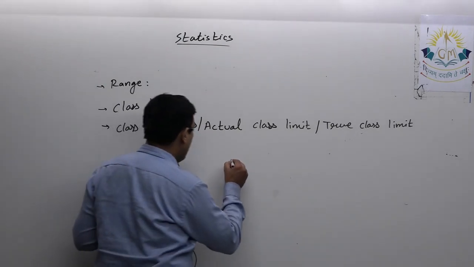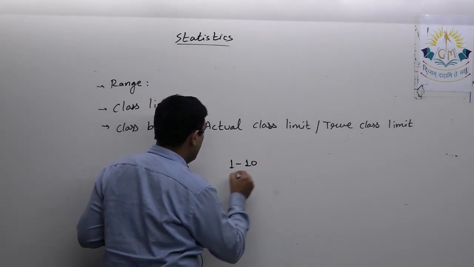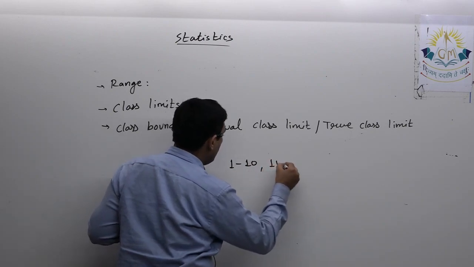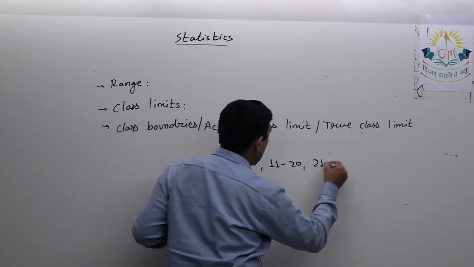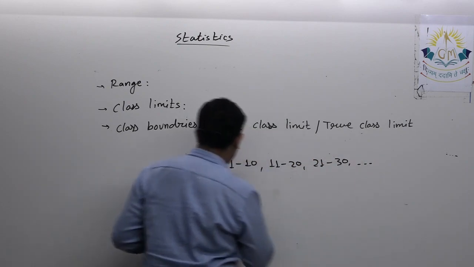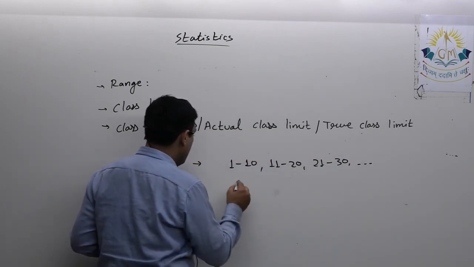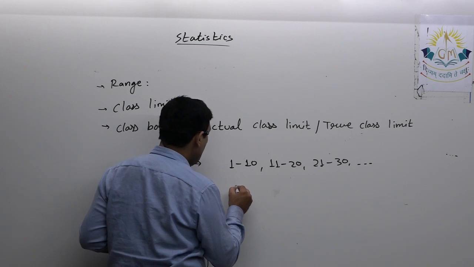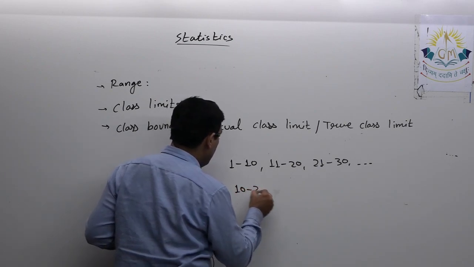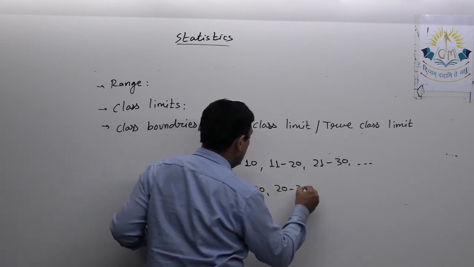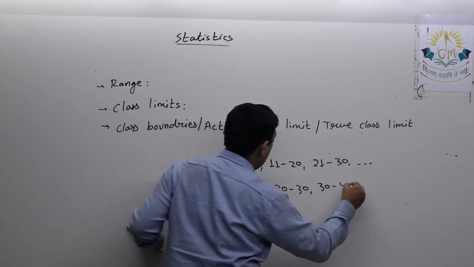So suppose I have classes like 1 to 10, 11 to 20, 21 to 30, and so on. And another, suppose I have 10 to 20, 20 to 30, 30 to 40, and so on.